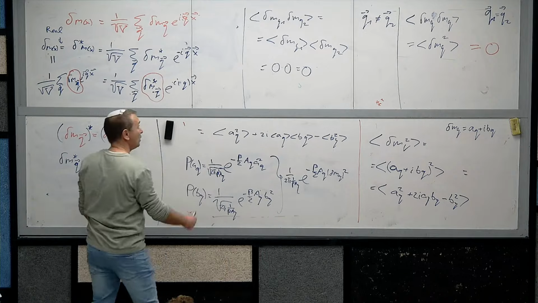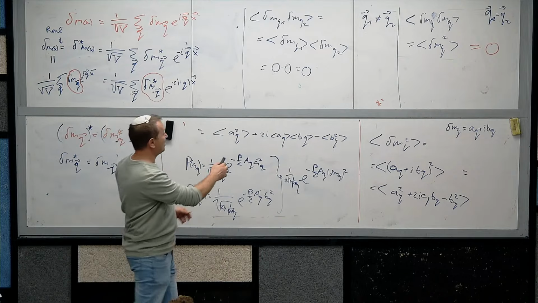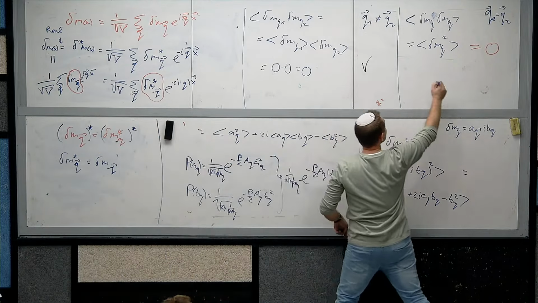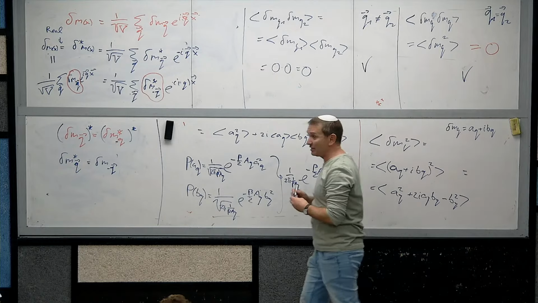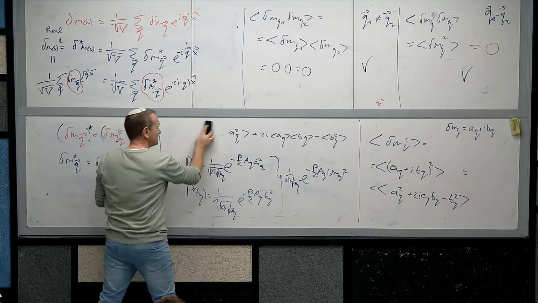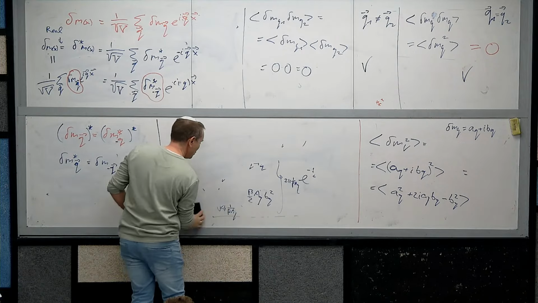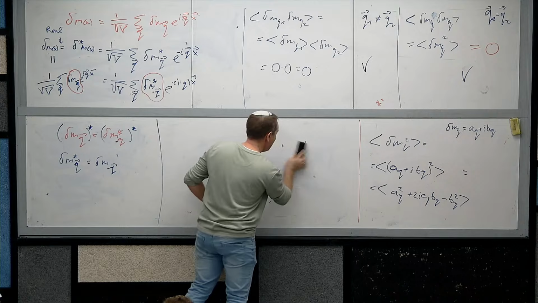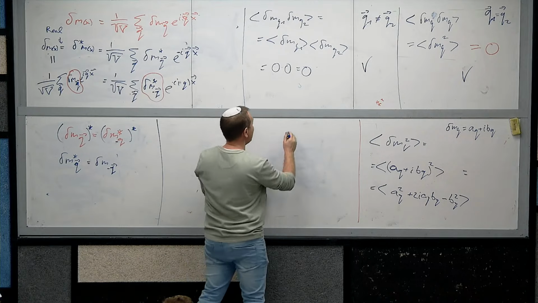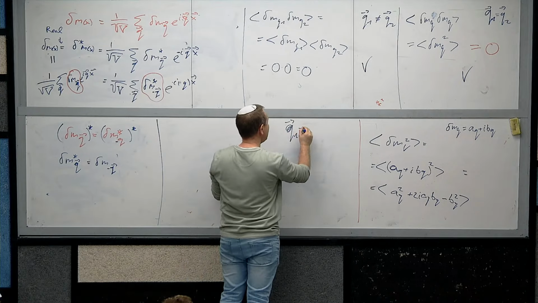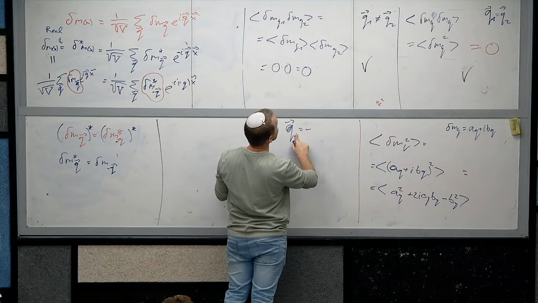So this is correct, this is also correct, but there is one single case where it does not hold, this 0. And this is when q1 equals minus q2.